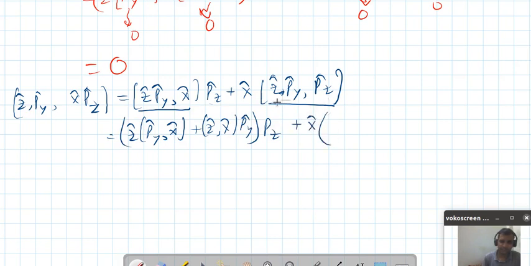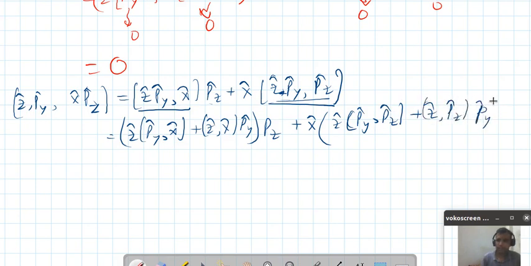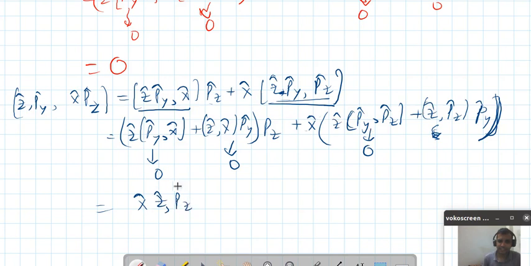And now I will expand this commutator: z py comma pz plus z pz comma py, right? So this is equal to 0, this is equal to 0, and this is equal to 0, and this x will go here. So it can be written as x z pz py, right?